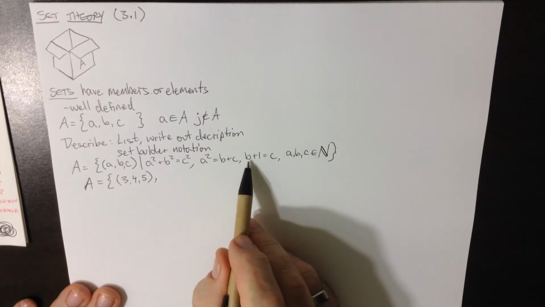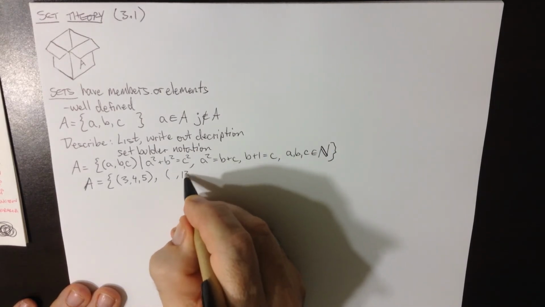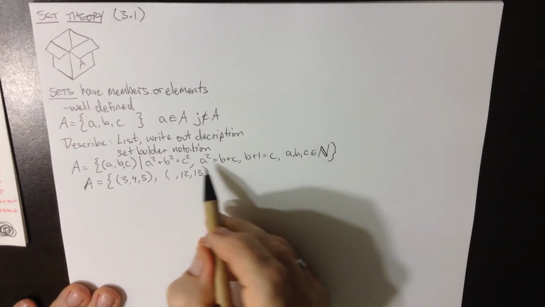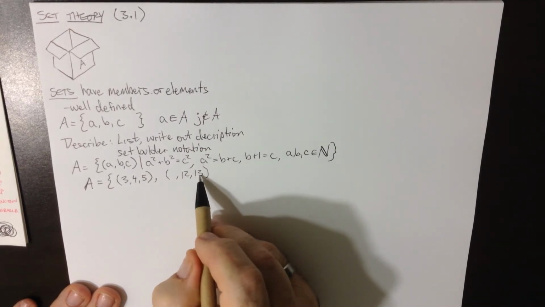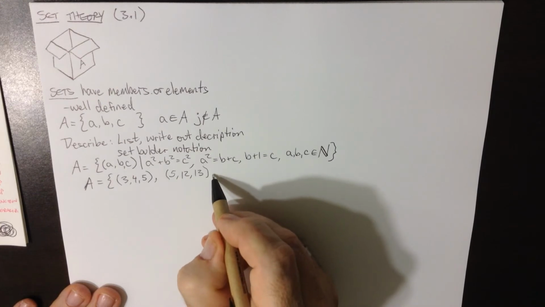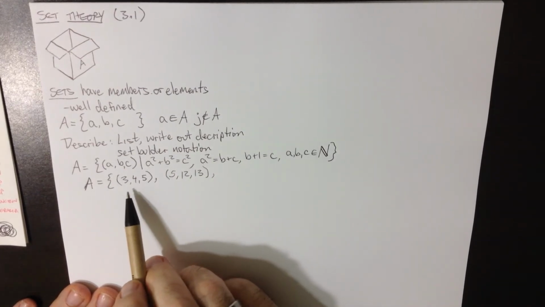What if b is 12? Okay, b is 12. Then c is 13. And a squared is b plus c. b plus c is 25, so a is going to be 5. These are Pythagorean triples. You probably figured that out, but these are very special Pythagorean triples.